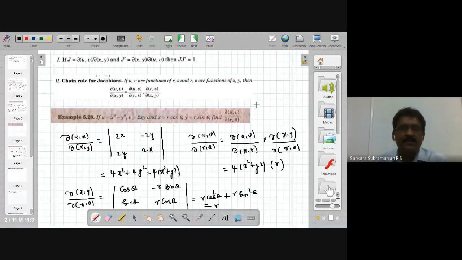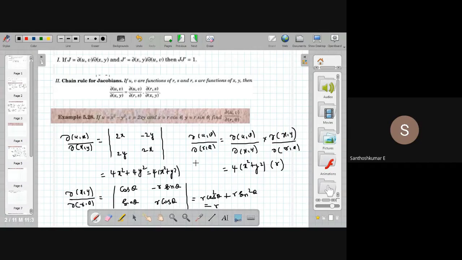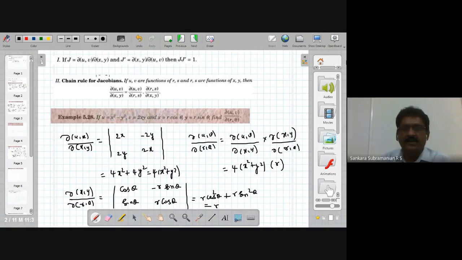Or you can write x square plus y square as r square. You can express it either in terms of r, or in terms of x and y.